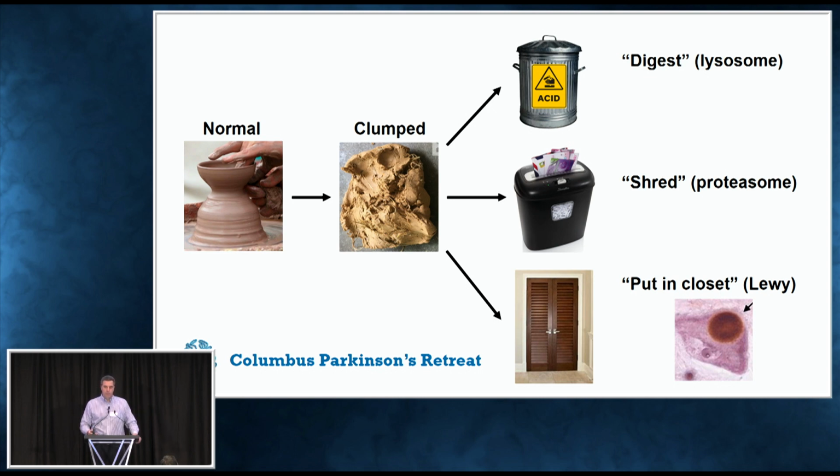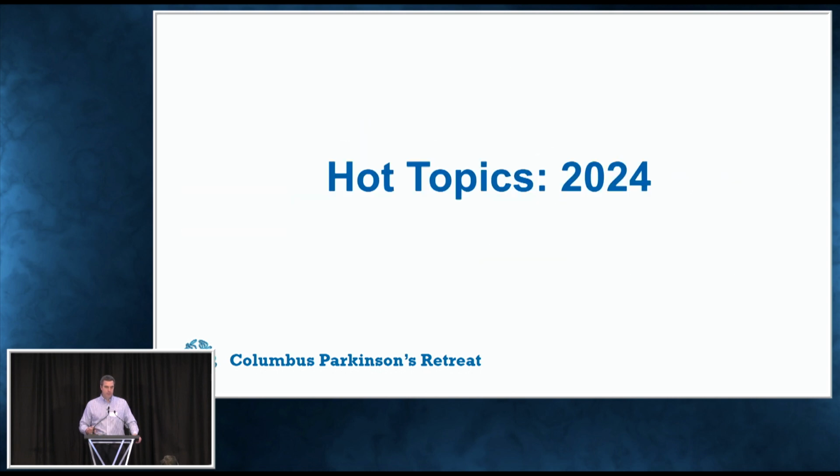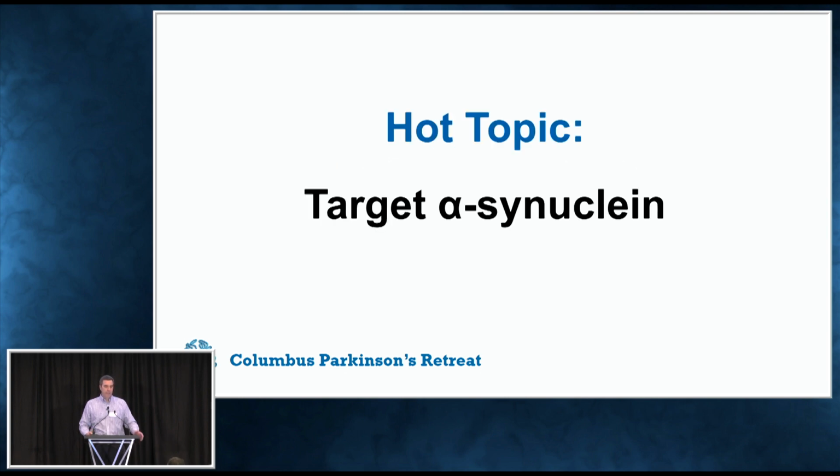So I think that the put it in the closet idea is maybe tenable. Anyway, that's my thought. There are a lot of hot topics going on. A hot topic, obviously, is alpha-synuclein. I wouldn't have presented it this way if it wasn't a major topic these days.